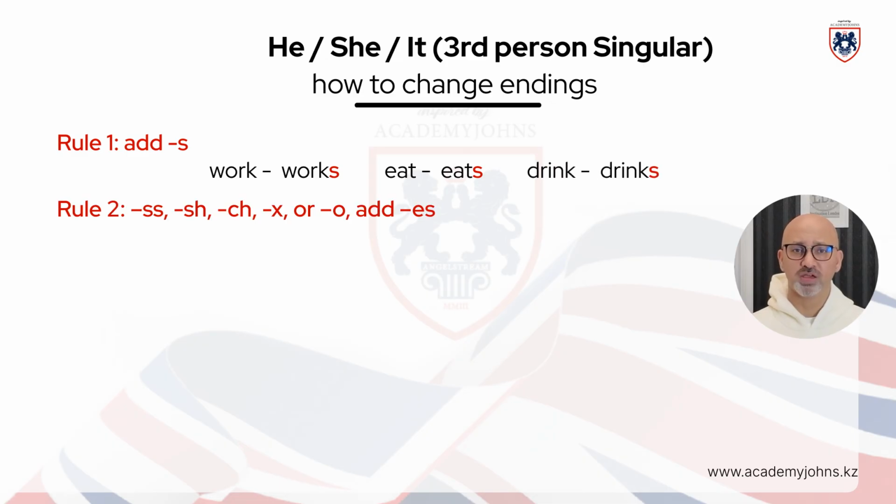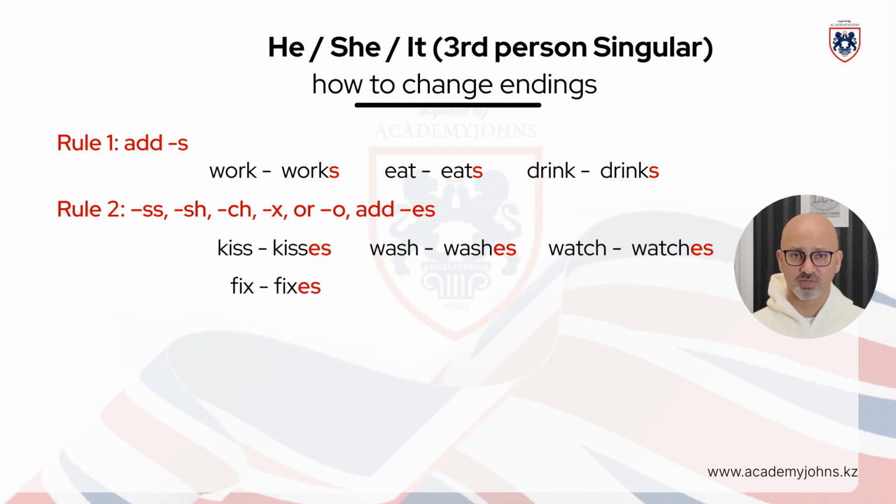Rule 2. If a verb ends in sounds like ss, s, sh, ch, x, o, add es. So kiss becomes kisses, wash becomes washes, watch becomes watches, fix becomes fixes, and go becomes goes.